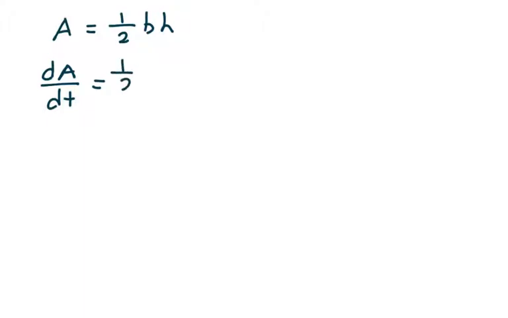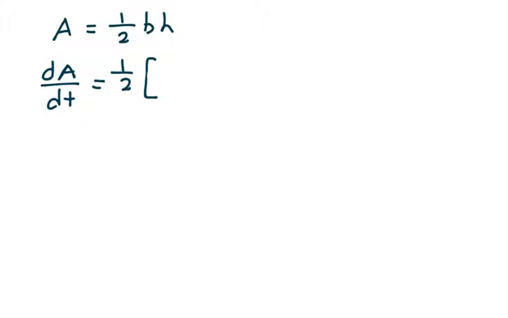So let's go back to here. A is 1/2 the base times the height, dA dt. So again, differentiate both sides with respect to t. So we're going to take 1/2 times b times dH dt. So I'm applying the product rule. Here, we're going to do it in the order you guys are used to.